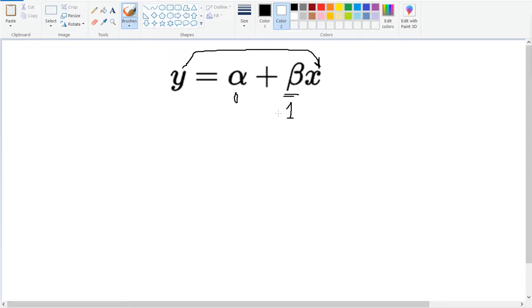When beta is -1, when x doubles, if x changes from 10 to 20, y would go into the negative, so like an opposite relationship, okay?